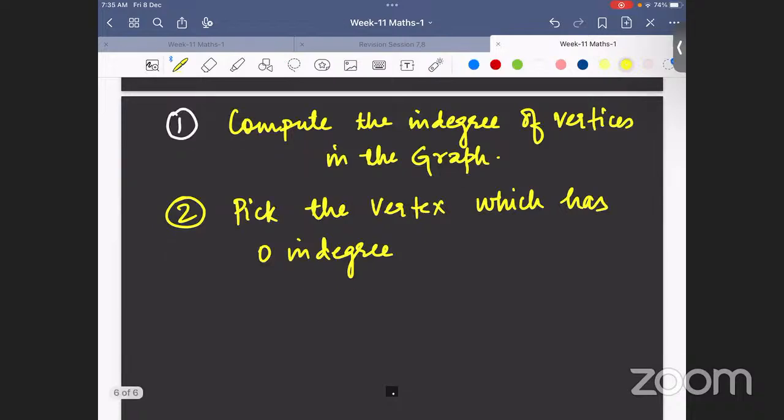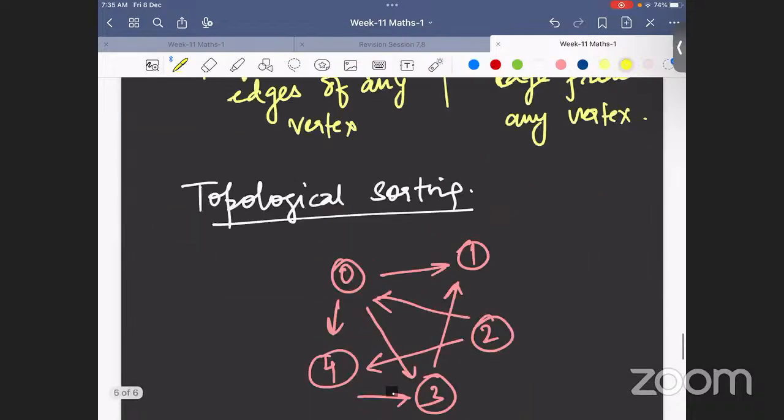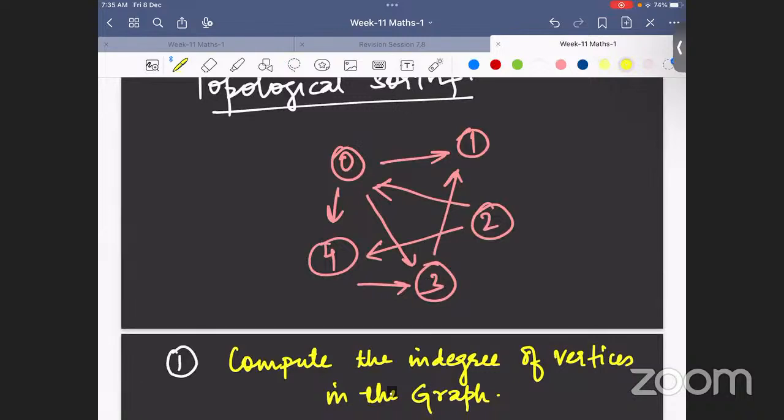Whenever you are taking out a vertex with in degree 0, along with the edges attached to it, you'll still be getting a DAG. So this is a DAG, right? The in degree of 2 is 0.